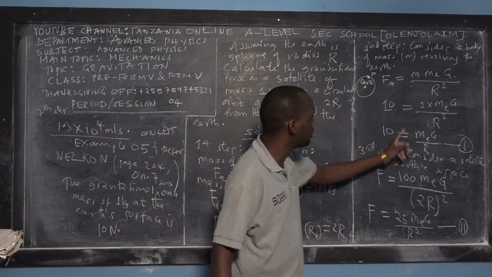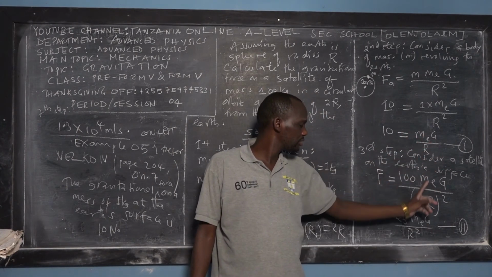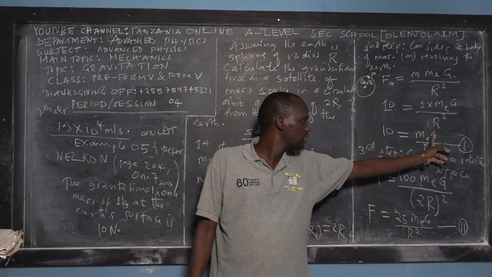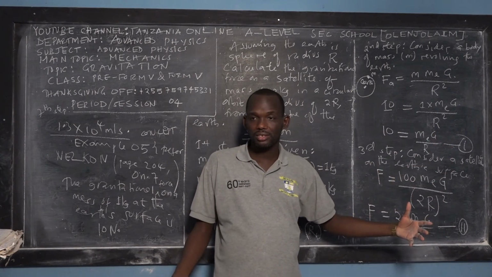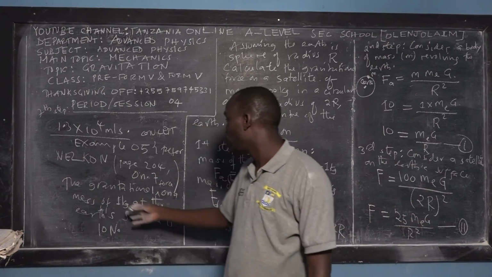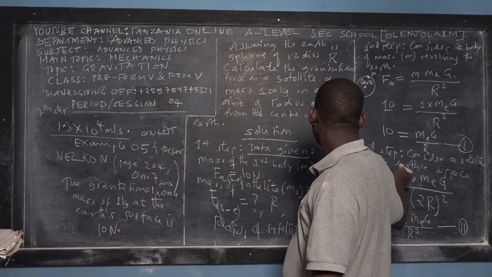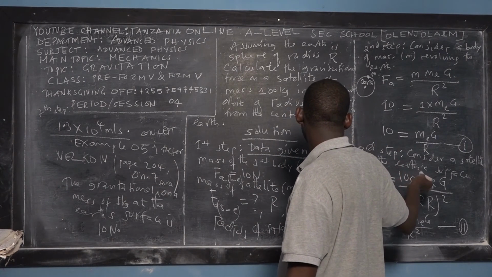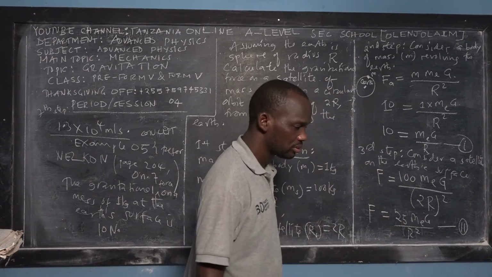What is the relationship between question 1 and 2? Mass of the S is common to the mass of the S. Gravitational constant is common to gravitational constant. We are not given their values, however we know them, but we are not given them for this case. Read the question from the beginning to the end. No universal gravitational constant value has been given or mass of the S. So be careful on that.